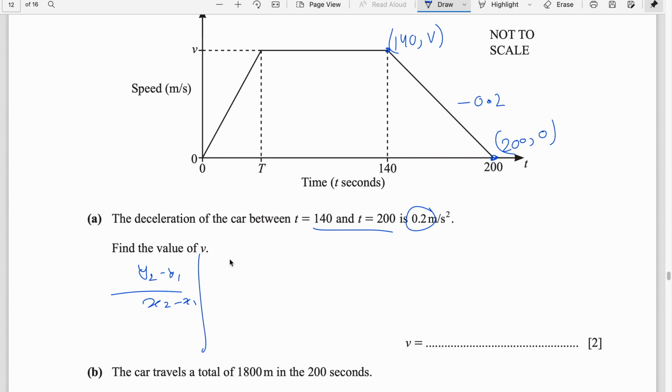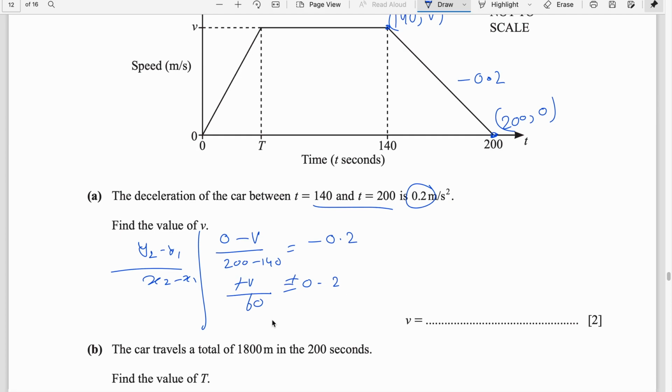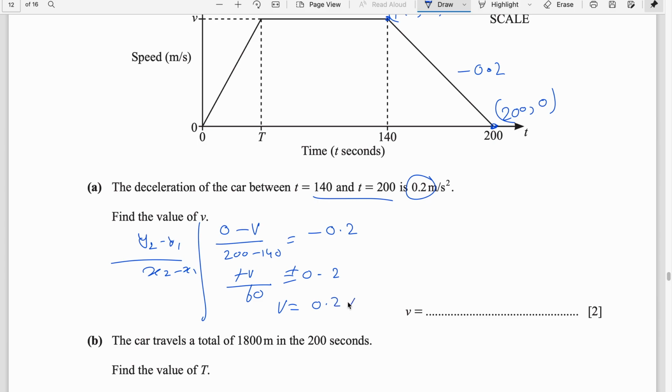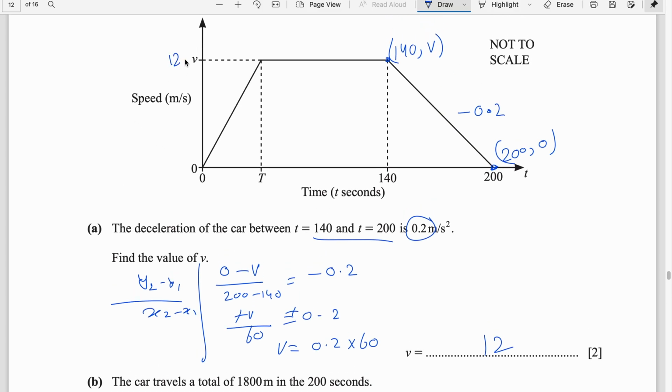So I'm using this formula: y2 minus y1 divided by x2 minus x1 is equal to negative 0.2. So negative v divided by 60 is equal to negative 0.2. So you eliminate the negative sign, v is equal to 0.2 times 60 and the answer is 12. So the speed is 12.